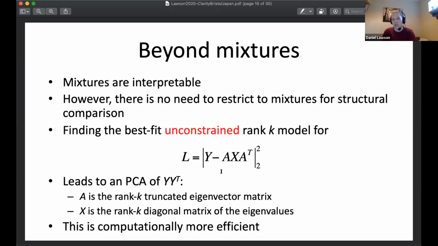Of course, you can just use principal components analysis to arrive at A and X. So A becomes the eigenvector matrix, X becomes the eigenvalue matrix, the diagonal matrix of the eigenvalues. And computing this is way more efficient than computing the previous mixtures. I'm not going to show it today, but there are many theoretical arguments as to why a mixture should end up being representable as a spectral decomposition. Some people here can speak to that better than I can. And empirically, it really does.